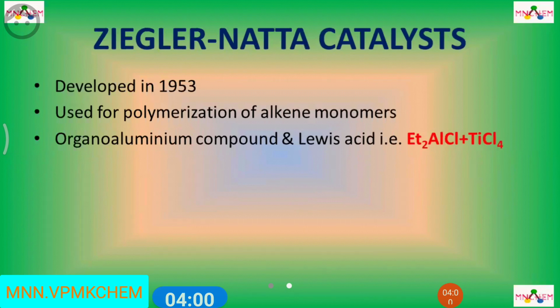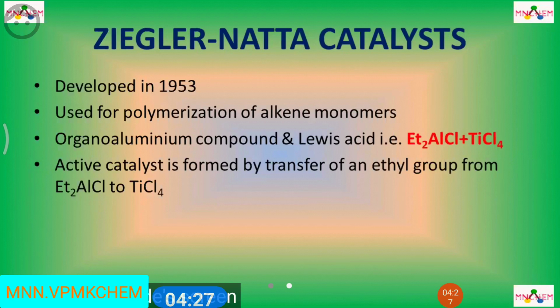What is it? It is a combination of an organoaluminum compound and a Lewis acid. There are different types of Ziegler-Natta catalysts, but the most commonly used one is diethyl aluminum chloride and titanium tetrachloride. So these two compounds together are used as a Ziegler-Natta catalyst.